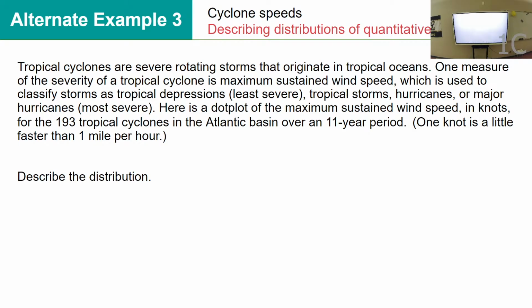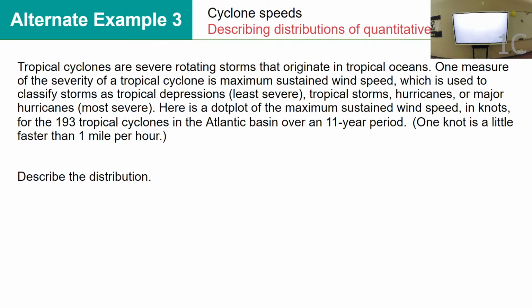Tropical cyclones are severe rotating storms that originate in the tropical oceans. One measure of the severity of a tropical storm is the maximum sustained wind speed, which is used to classify storms as tropical depression, tropical storm, hurricane, or major hurricane.